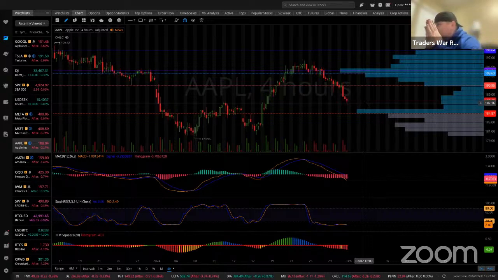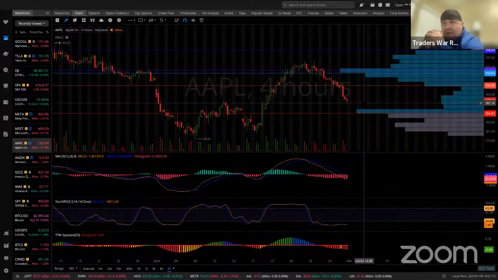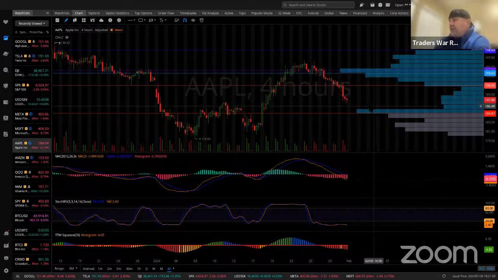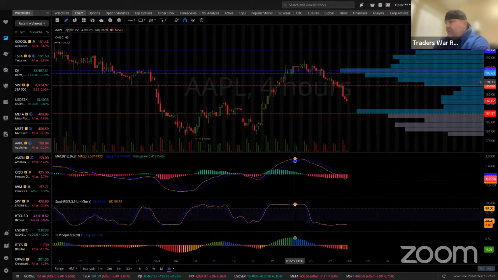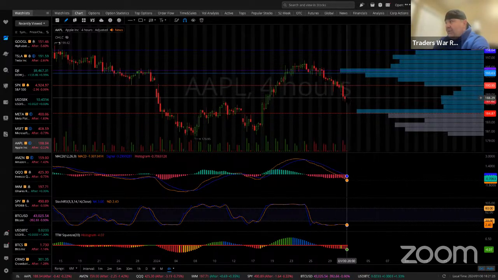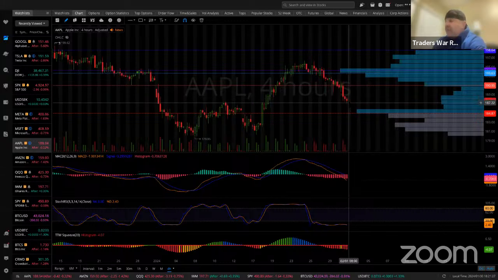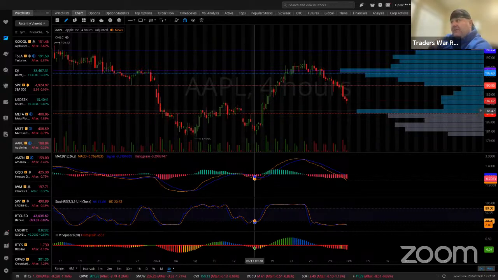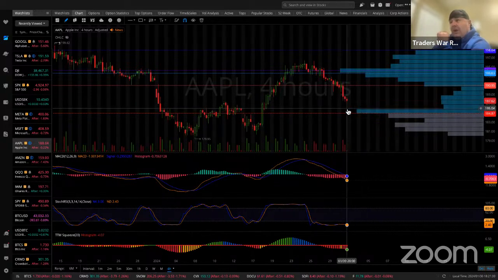We know that their earnings are going to be poor. They're going to show decline and so on. But this sell-off here gives an opportunity for potential buying. And I got a feeling we'll probably get some more selling pressure tomorrow, like maybe another leg down to come into this range over here, right?